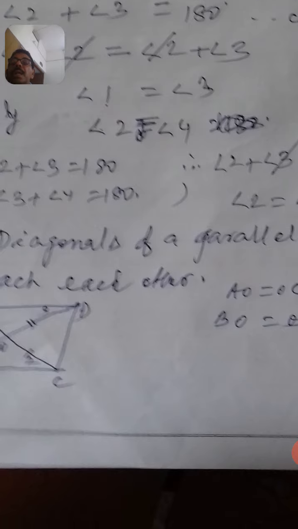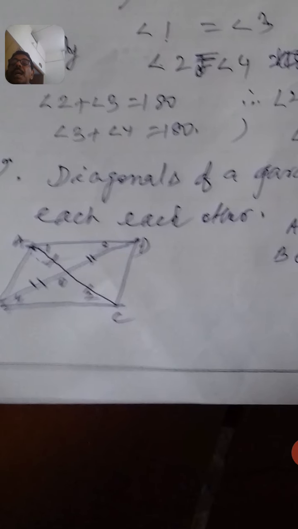Angle 1 is equal to angle 3. Similarly, we can prove that angle 2 is equal to angle 4. So you see that the two opposite angles are equal. Now another property is that diagonals of a parallelogram bisect each other. You have to prove it. For that, next.